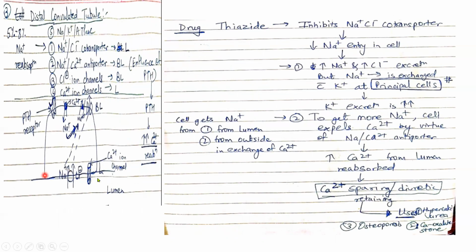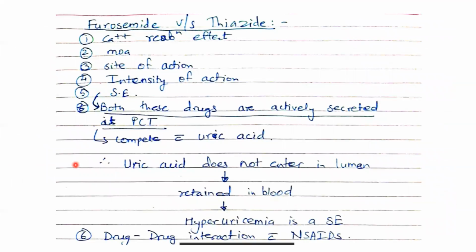It also acts on the luminal site but of the distal convoluted tubule and it inhibits the sodium chloride symporter. So that is the major mechanism of action difference. And then the site of action, I have been continuously saying: one acts on the ascending limb of loop of Henle and the other acts on the distal convoluted tubule.